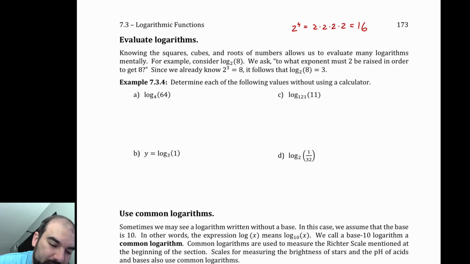And the best way to do these for now, before we get to section 7.5, is to set them equal to a variable, such as x, and then we'll try to figure out what x is.